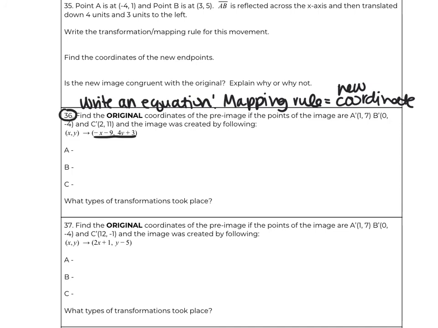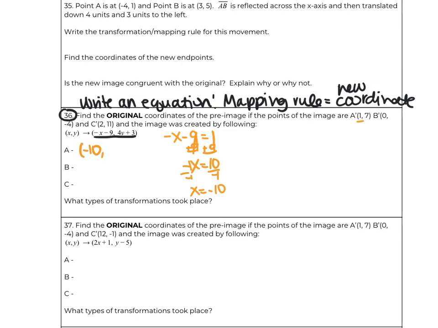Alright, so my x side says negative x minus 9. Well, they plugged something into this x, but we don't know what. But we do know what they got. They got x value of 1. So I'm going to add 9 to 1. Well, I can't have negative x, so I divide each by negative 1 to give me x equals negative 10.